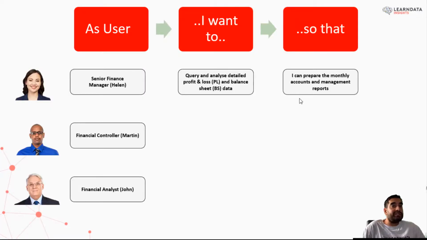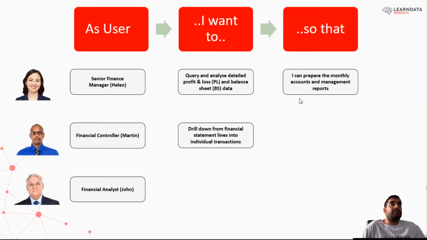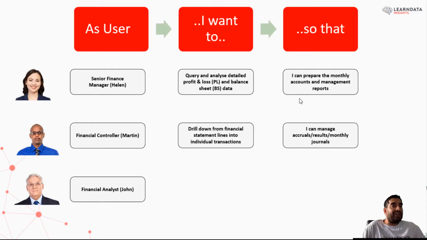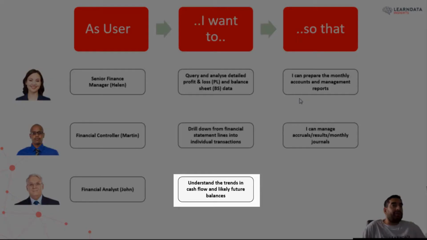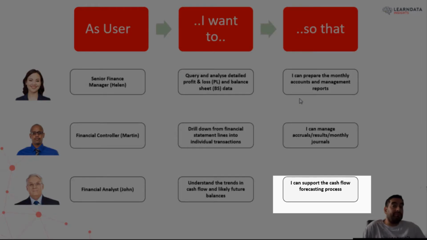Financial controller Martin wants to be able to drill down from financial statements into individual transactions so that he can manage accruals, the results, and monthly journals. And then we've also got financial analyst John. He wants to be able to understand the trends in cash flow and likely future balances so that he can support the cash flow forecasting process.